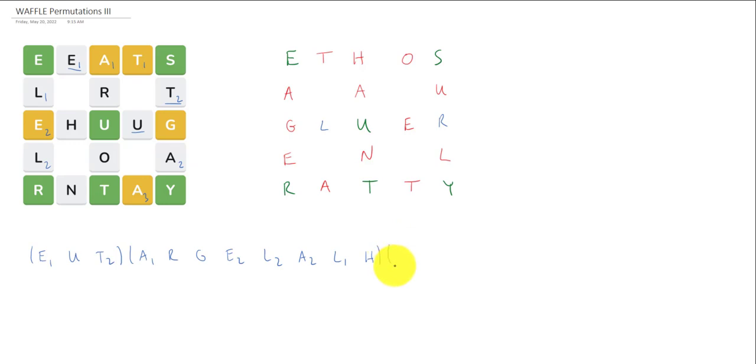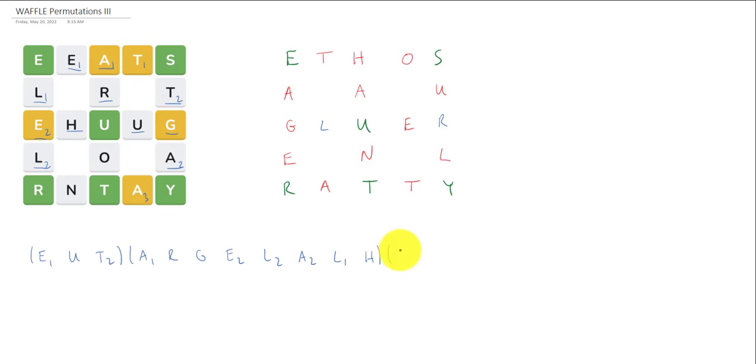So what did we not use up? Well, it's underlined here. So we used A1, we used R, we used G, E2, L2, A2, L1, and H. All right, so scanning across, I have not used T1.